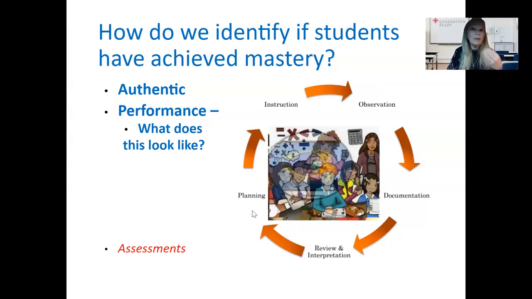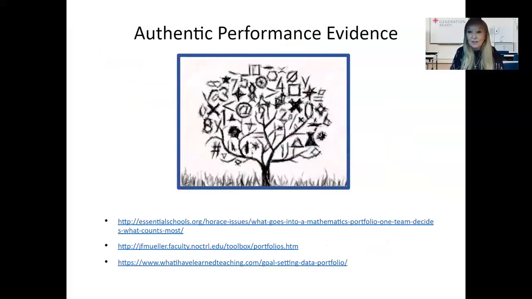So maybe that's when differentiation is needed, or gamification, or something with motivation. And then we plan and instruct and observe, and that's what our day needs to look like every single day. So we need to know how we know they know. We have to do this.